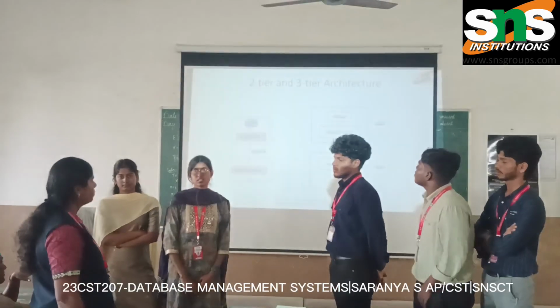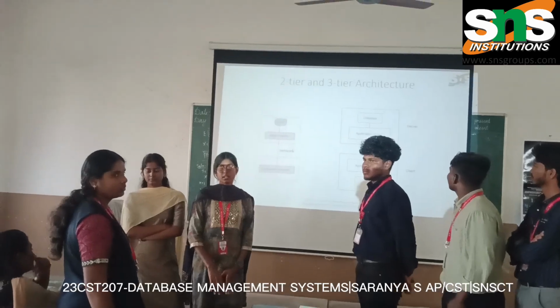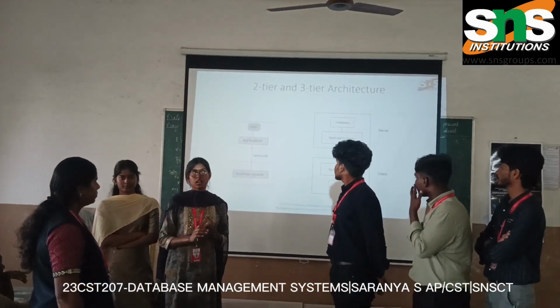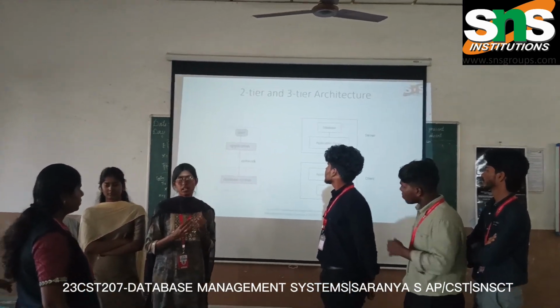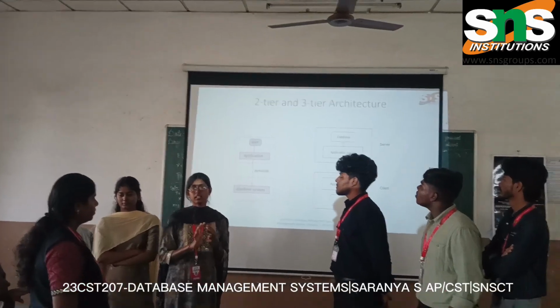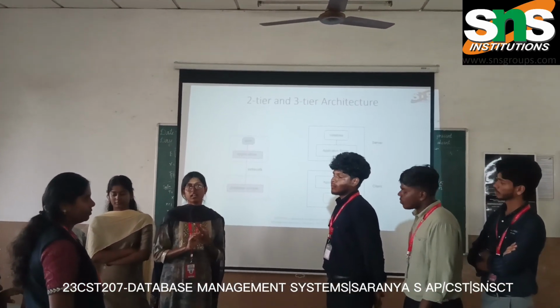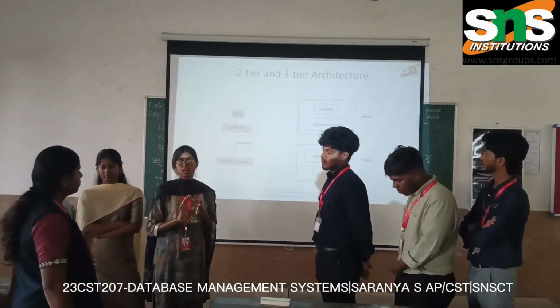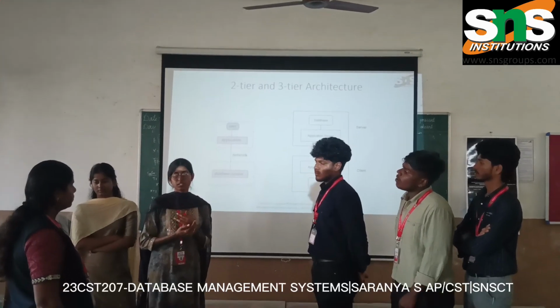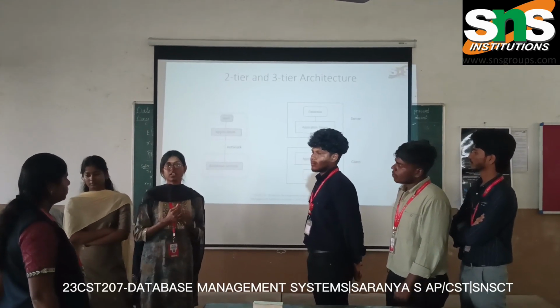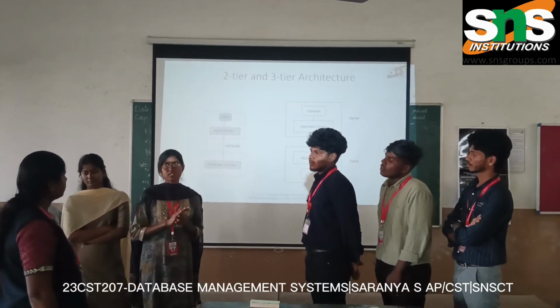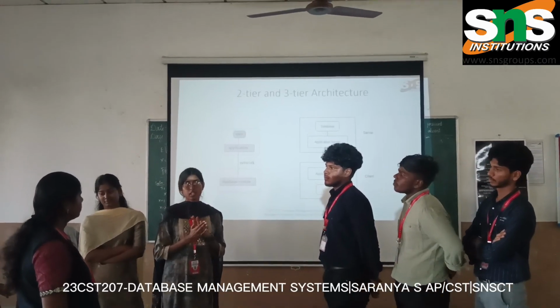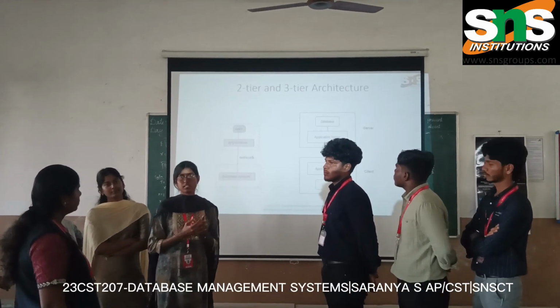The logical system in a database management system is how data is stored by users, by the database, and by applications. Tier architecture means how the user interacts with the client and server, how the logic is processed, and how the user interacts with the system.